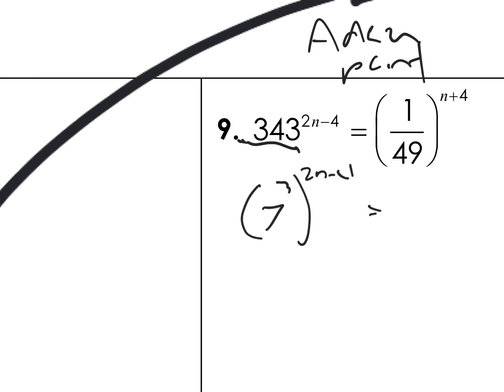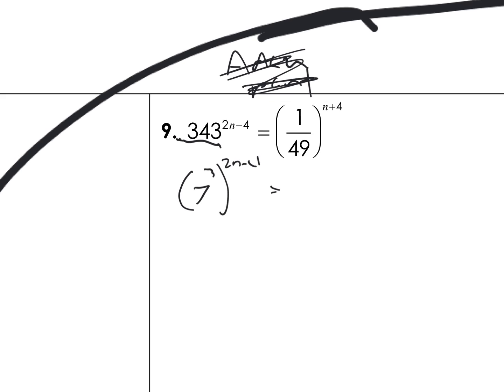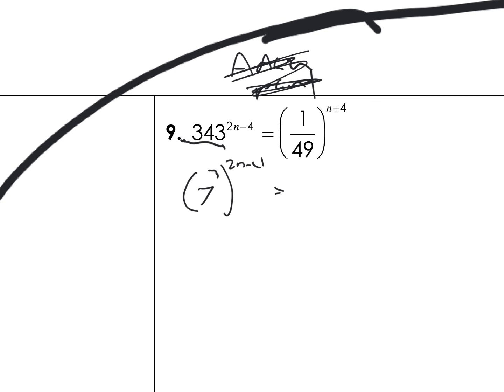It's not a negative 1, but a negative 2. 7 to the negative 2 would be 1 over 49. All right, Adam, I'll put the point back.